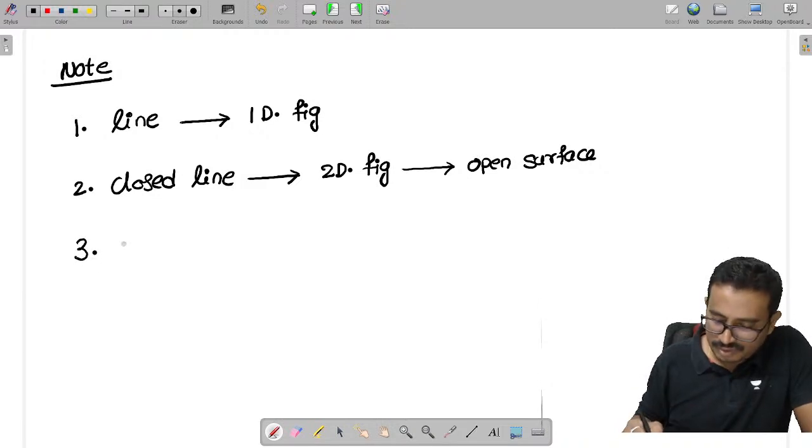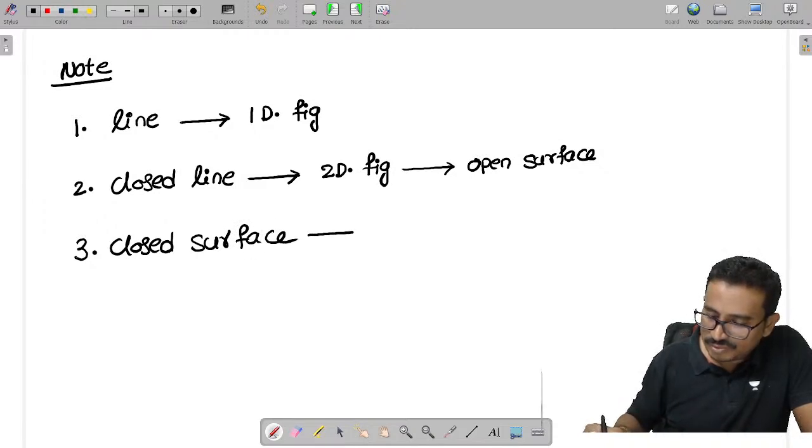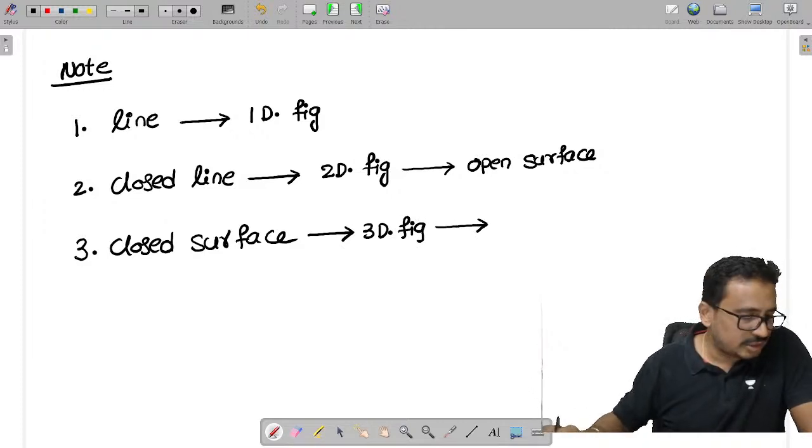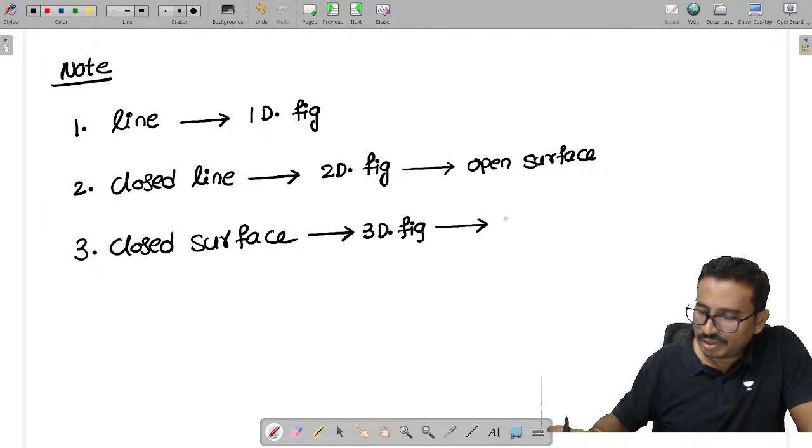Next, a closed surface is a 3D figure, and this closed surface is forming a volume. Can I conclude this thing?